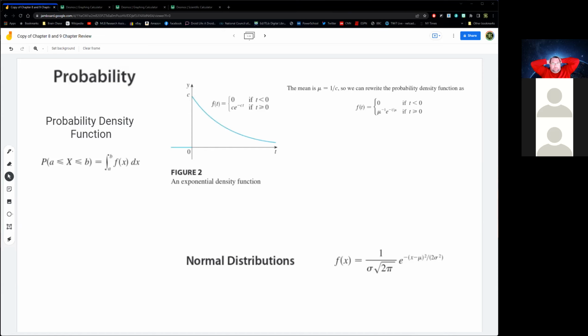I'd have those written down somewhere, because the first thing every one of these is going to ask you to do is to write out the equation.